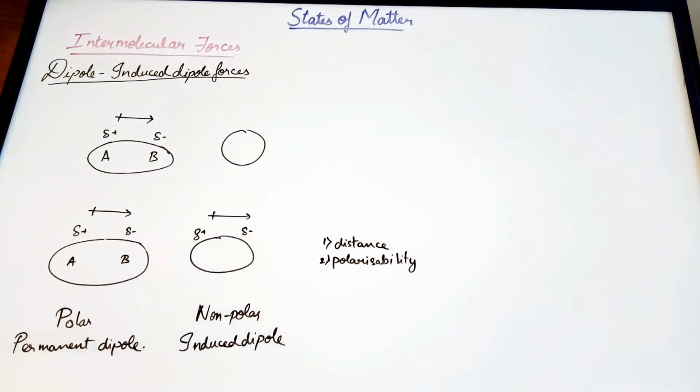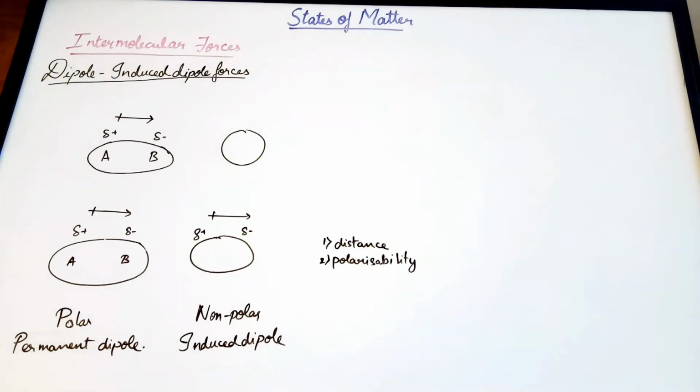One more important thing we need to remember over here is that the polarizability depends upon the size of the atom or molecule. When there is an increase in the size of the atom or molecule, the effect of the electric dipole on it increases, and so it can easily separate. There is also one more thing.